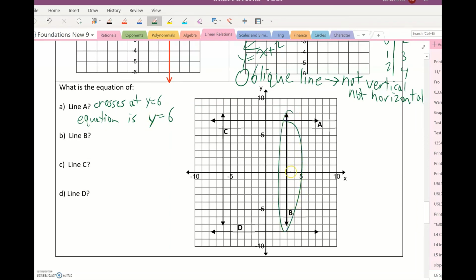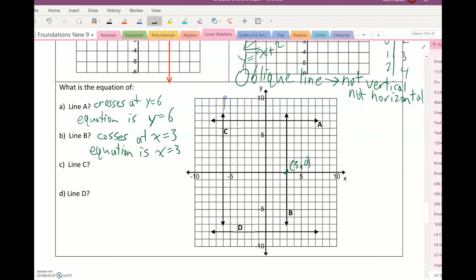What does it cross? It's special. It crosses at 3, 0. And so it crosses at x equals 3. So the equation is x equals 3. So special lines have special equations.